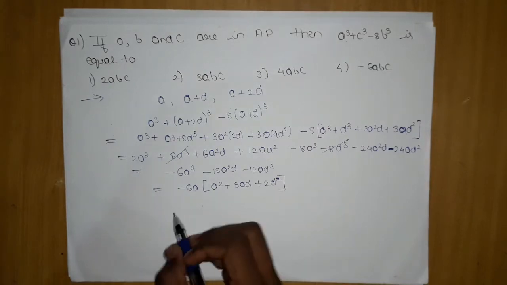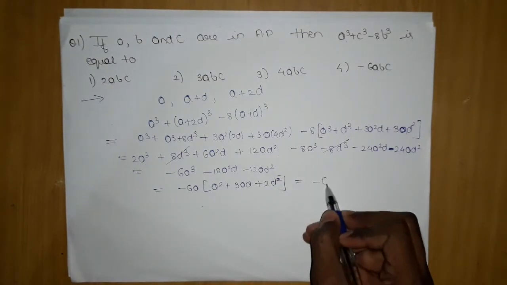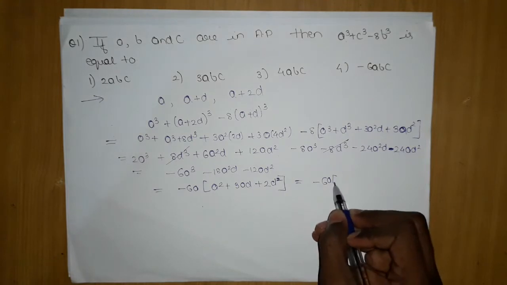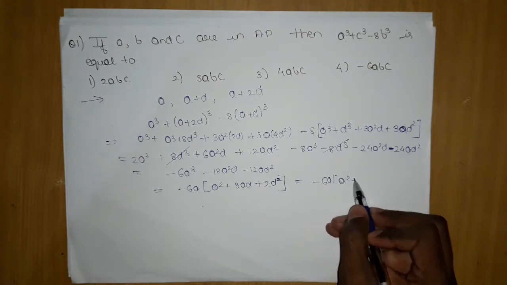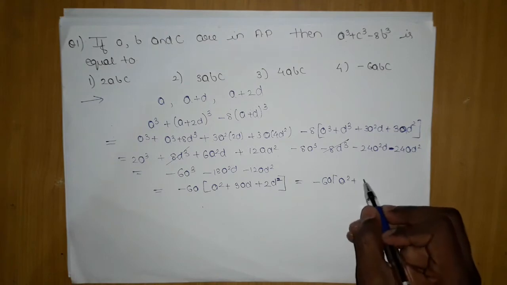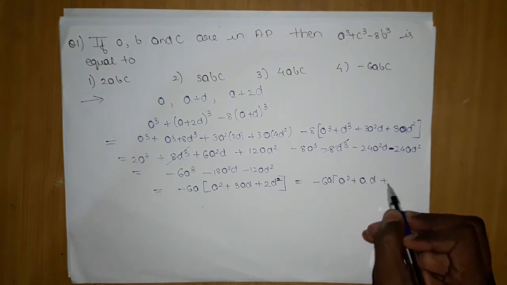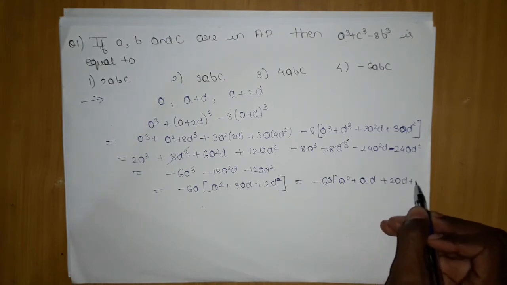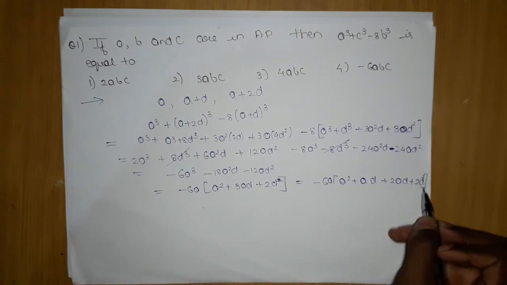So let's do this: minus 6a times (a square plus ad plus 2ad plus 2d square). The 2 gives us a hint.